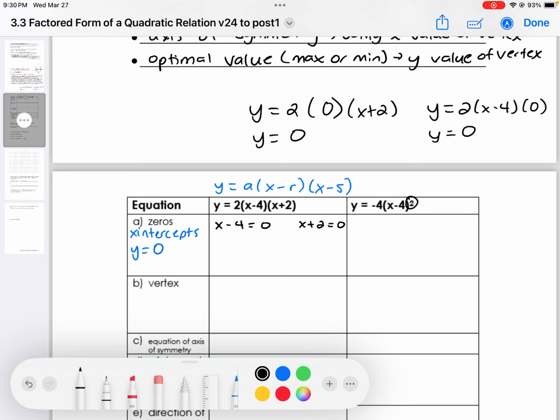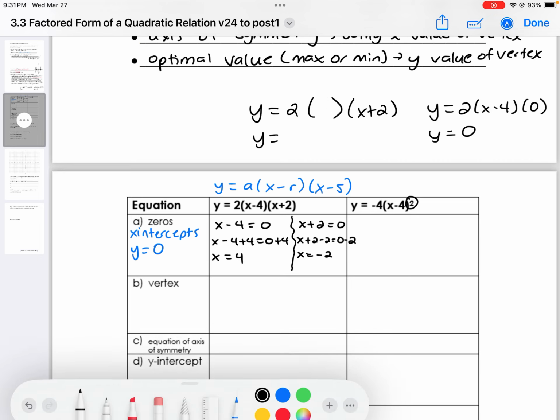Okay, so if I move that 4 over, or I move that 2 over, in both of those cases, it is going to give me a 0 in the bracket.